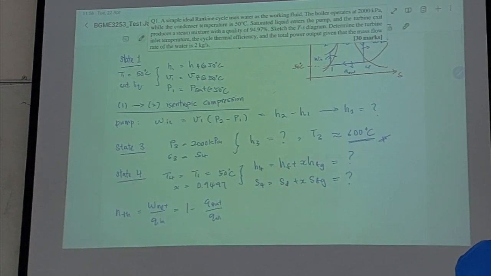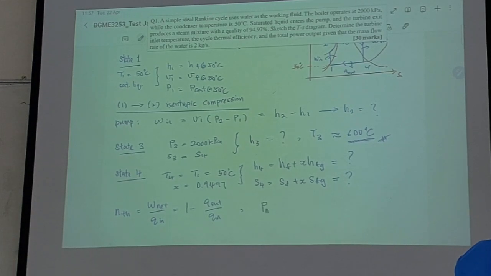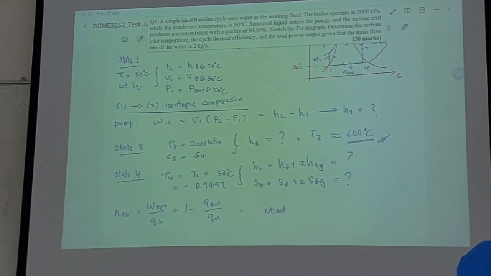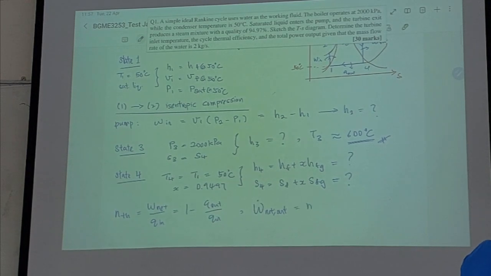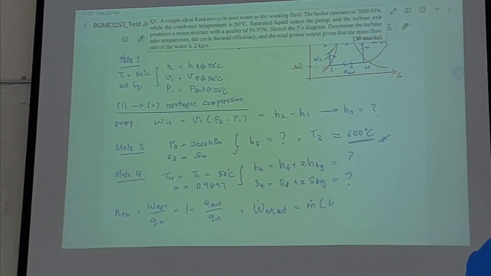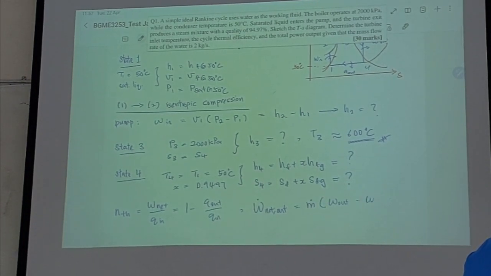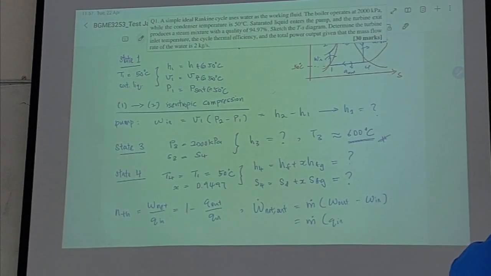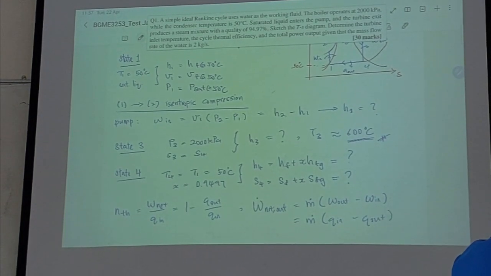I mean, state 1 to state 2. And the power output should always be the net power output. So this will be m dot times work out minus work in, or Q in minus Q out. Okay, these two are the same.